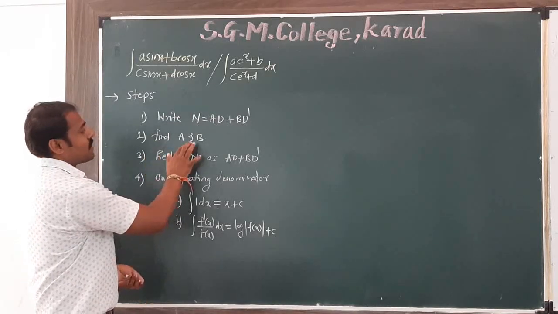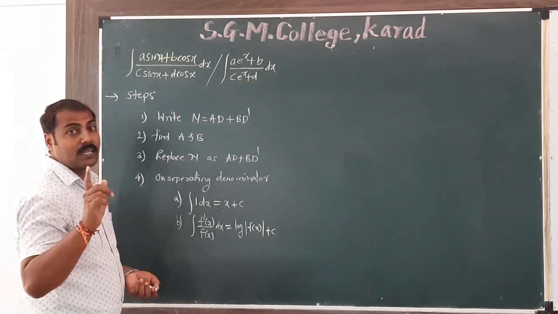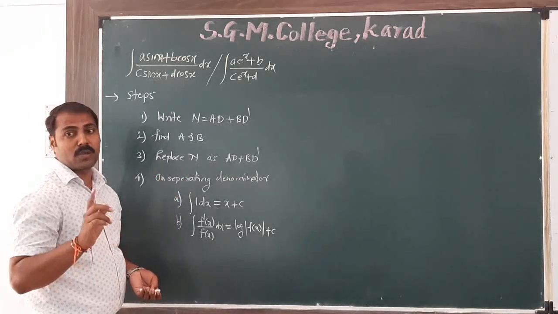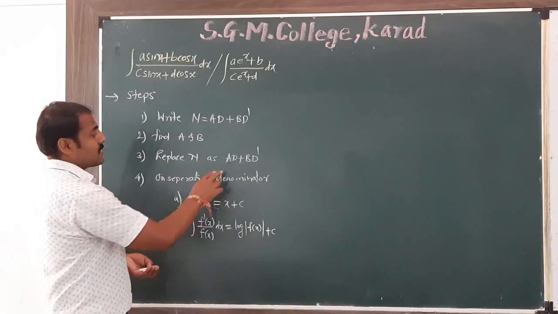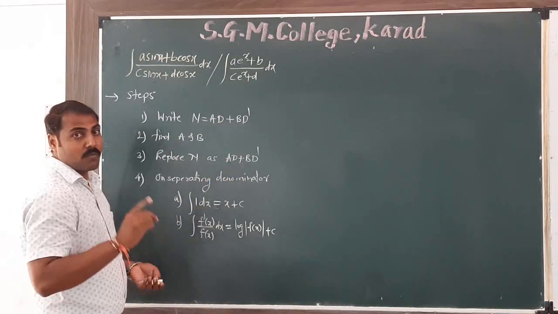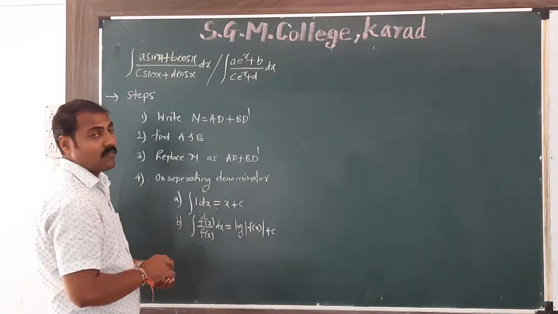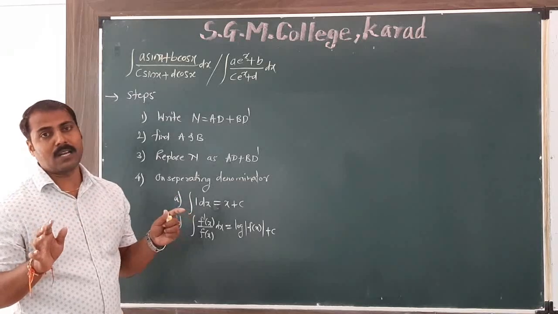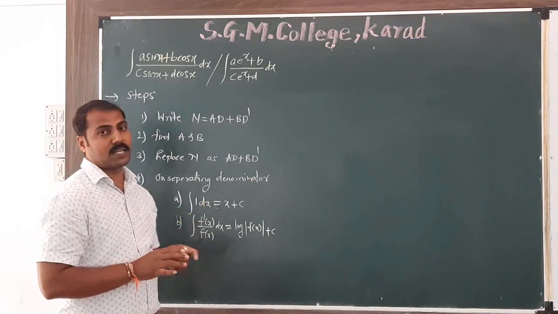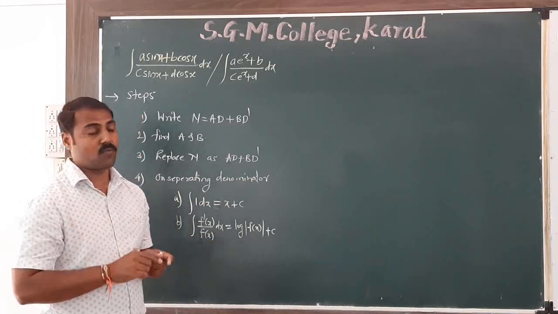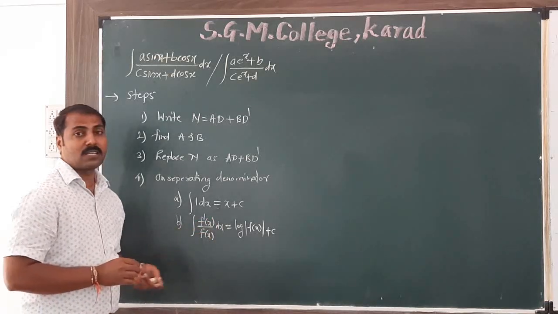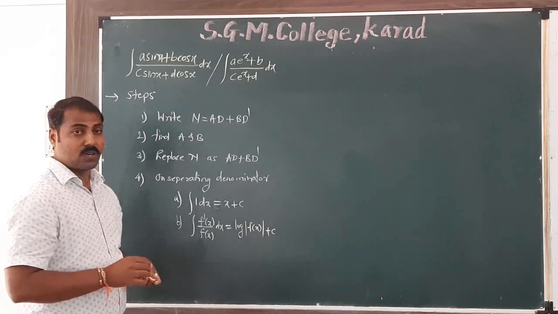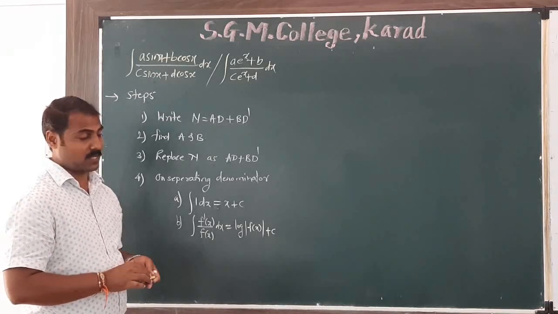In step second, obtain the values of A and B by equating coefficients of similar terms. In third step, replace the numerator in the given integration as A D plus B D dash by putting the values of A and B. And fourth, on separating the denominator, we get two types of integration. First one is integration of 1, that is x, and second one is integration of f dash of x divided by f of x dx is equal to log of mod of f of x plus c.